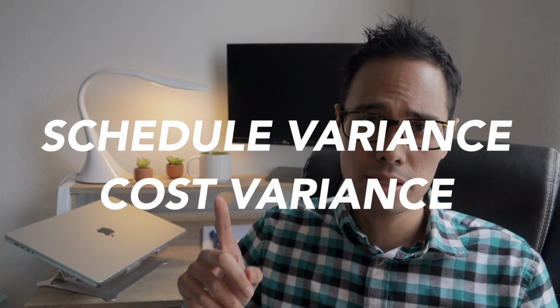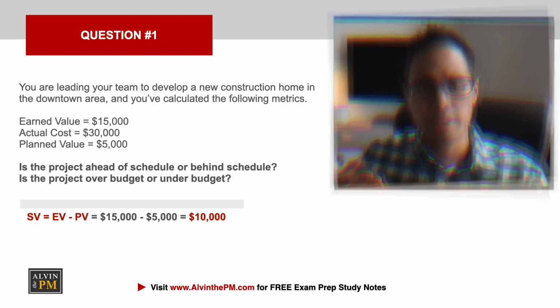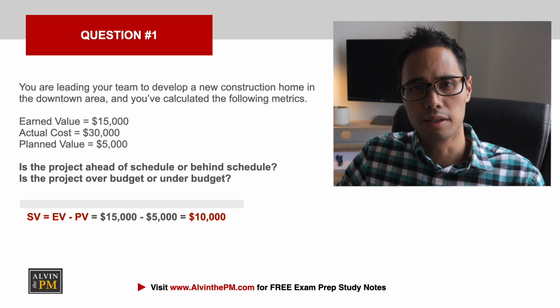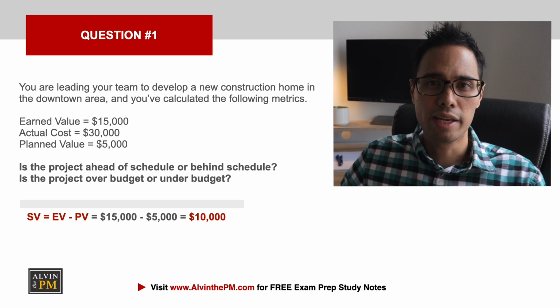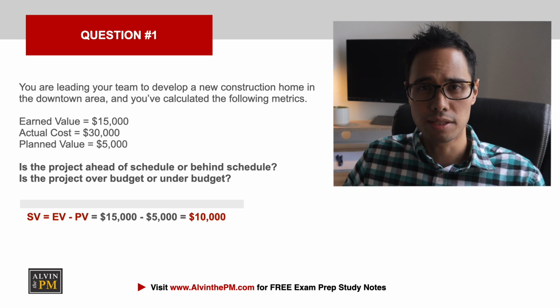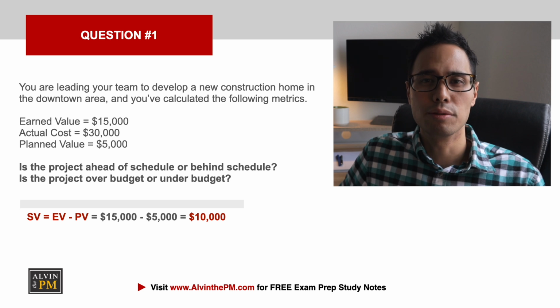As we discussed in our previous video, the first two equations that you should automatically calculate anytime you see an earned value question is schedule variance and cost variance. For schedule variance, SV equals EV minus PV. Plugging in the numbers, we get that SV equals 15,000 minus 5,000, which equals a positive 10,000.